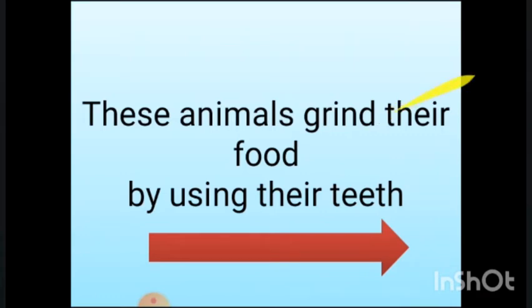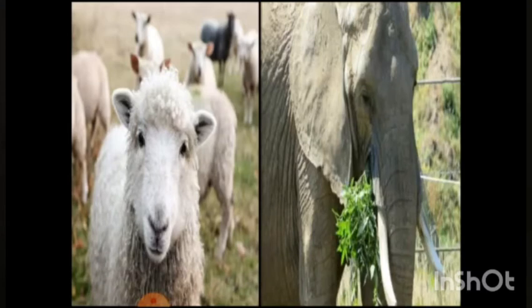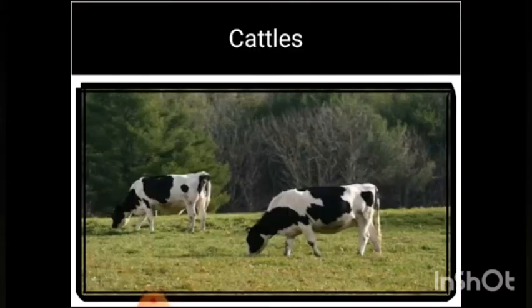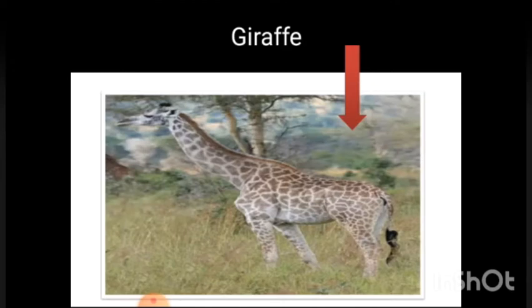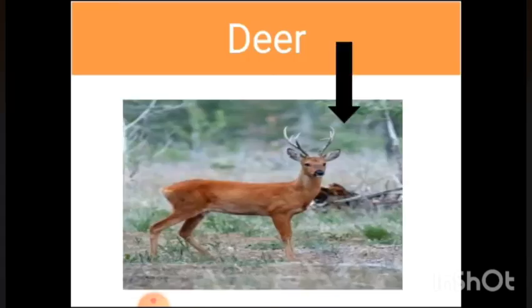They don't need to attack on their prey. They don't need to crush the bones. They just chew the food. So first of all, they have to grind the food material. Like in the picture, you can see that elephant is chewing the food material. Cattle, giraffe, and deer.